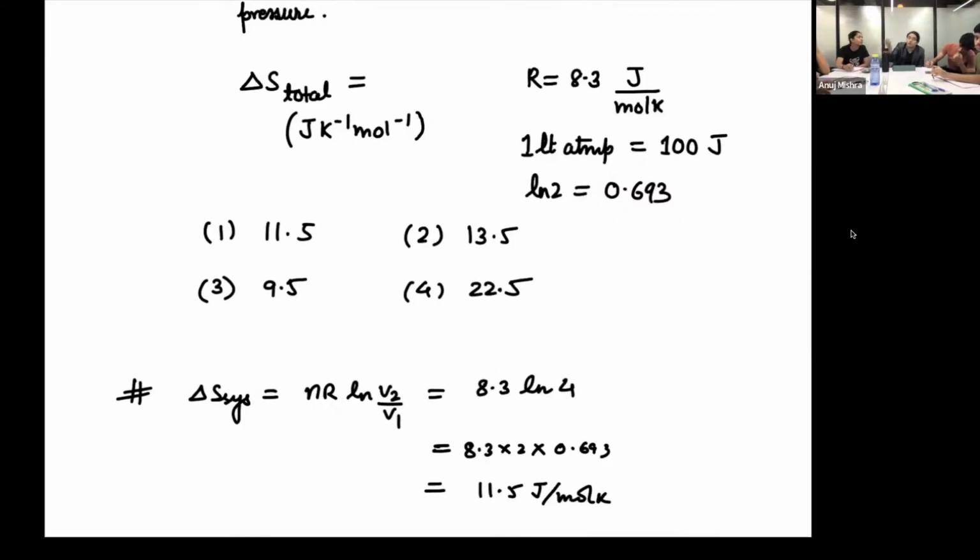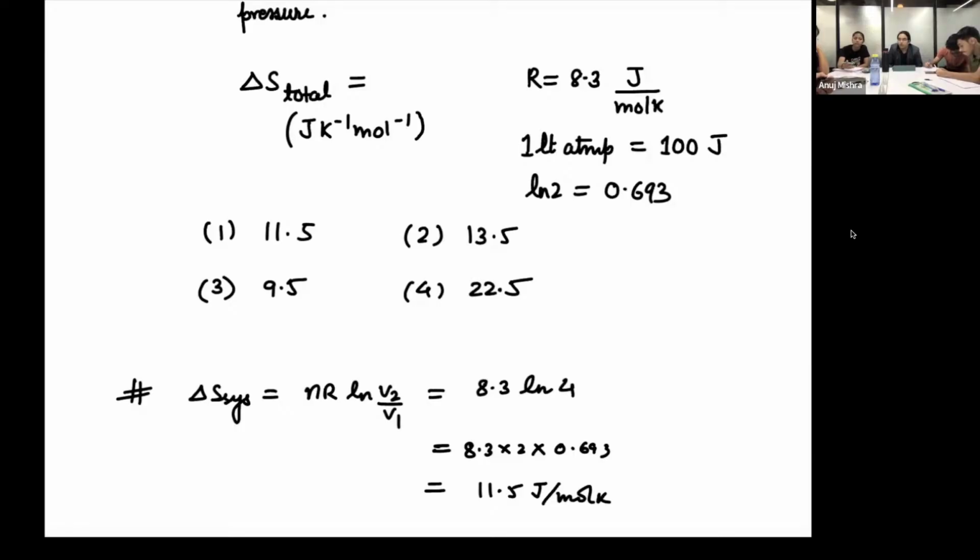Minus Q exchange upon T. Check your notes, what was it in the adiabatic case? It is irreversible. Since it is 2 raised to 2, you can take 2 outside, 2 into ln2.